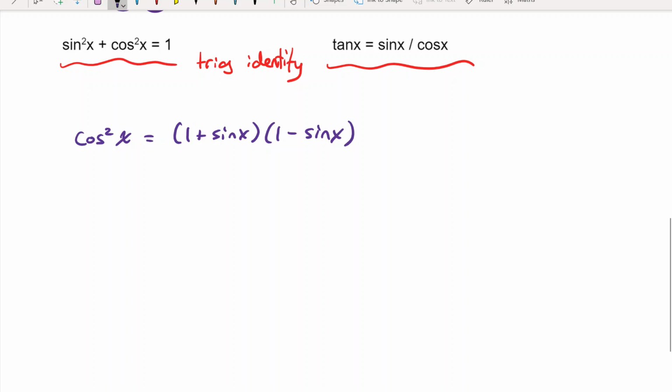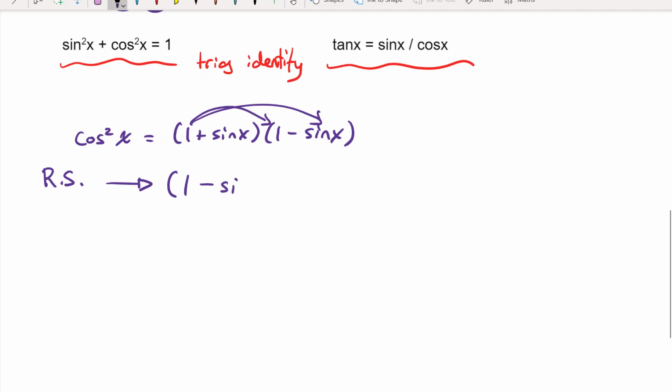Let's say you're trying to solve this trig identity. Well, the sine squared x plus cos squared x equals 1 trig identity is going to become very helpful here. So in this case, I'm going to start with my right side, and I'm going to reduce 1 plus sine x times 1 minus sine x to be 1 minus sine squared x, right? Because 1 times 1 is just 1.